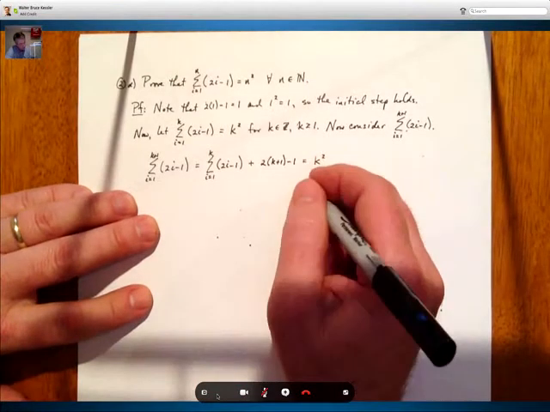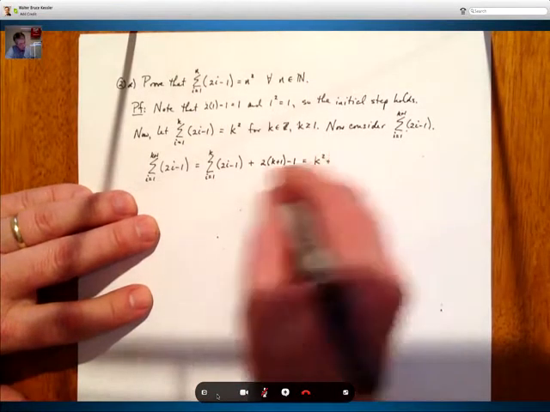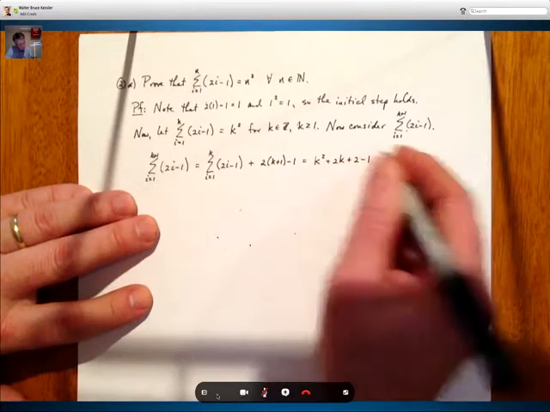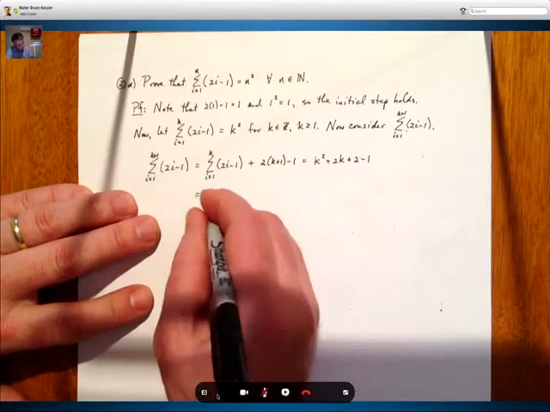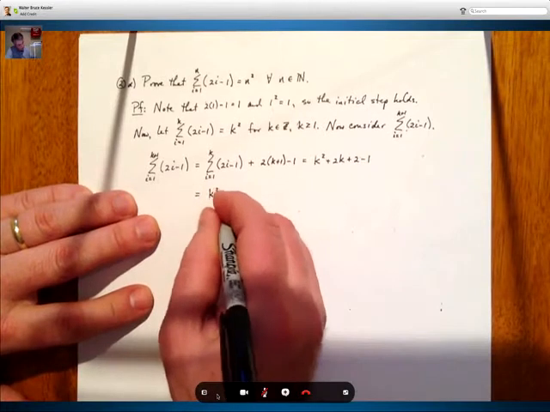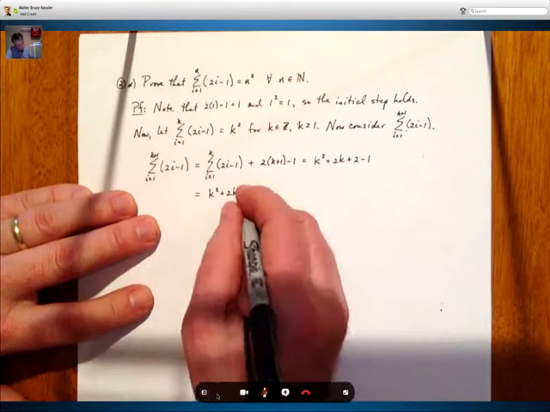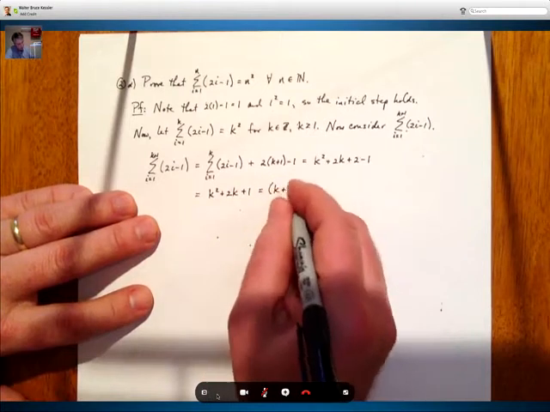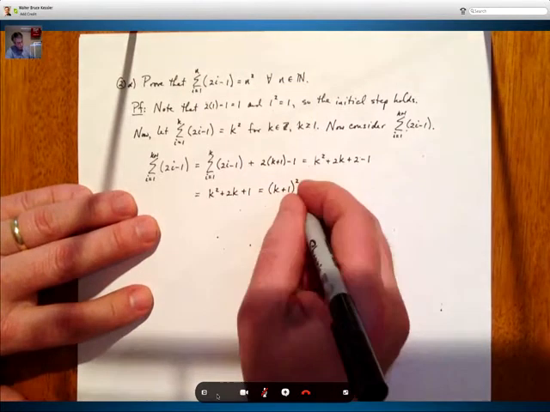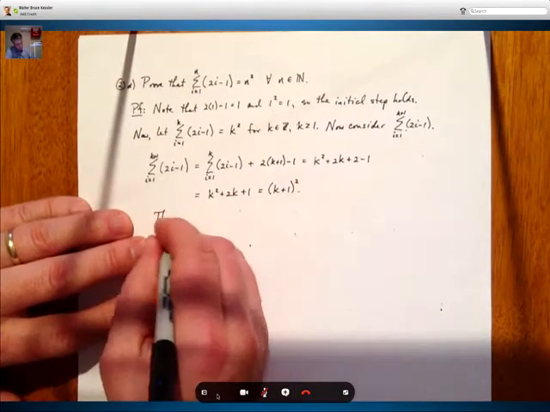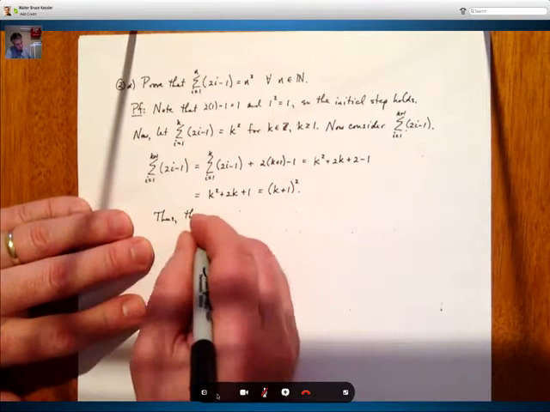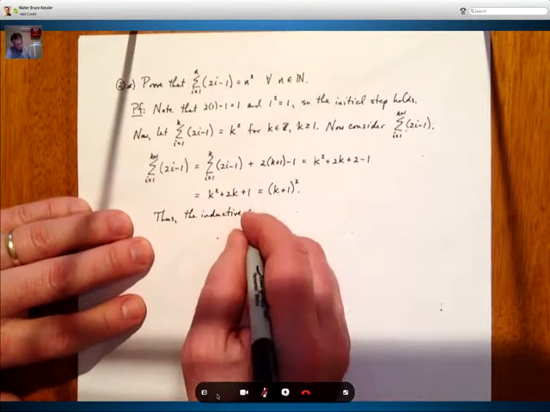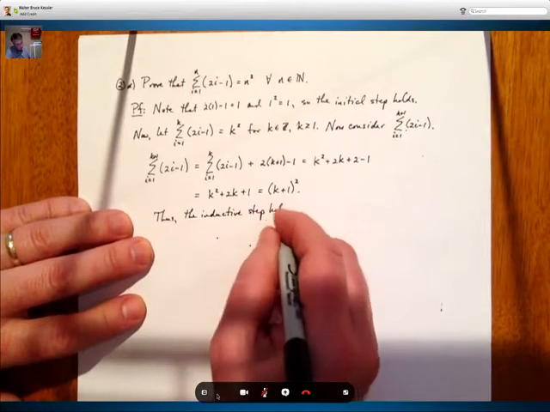These first k terms, we're assuming that that is actually k squared. Okay? And then this is 2k plus 2 minus 1. So k squared plus 2k, and this is plus 1, and we're in business because that is a perfect square. That's k plus 1 quantity squared. So thus, the inductive step holds.